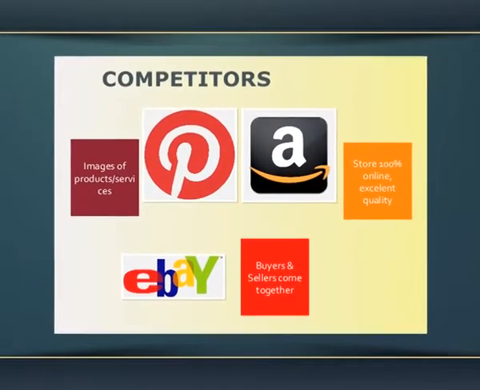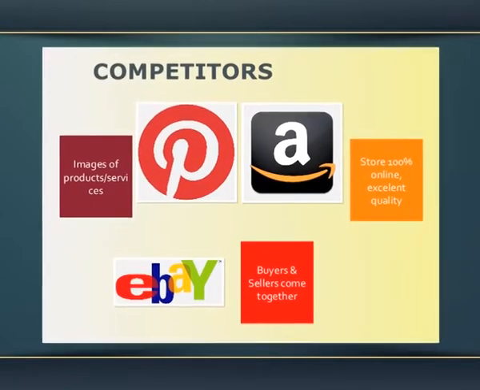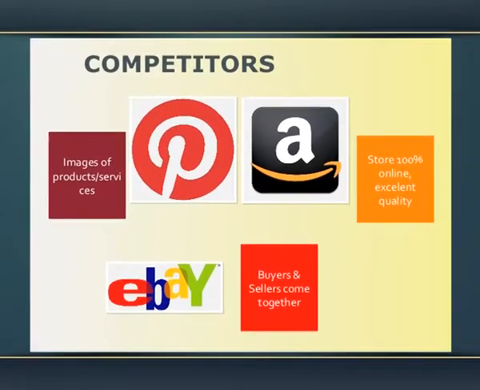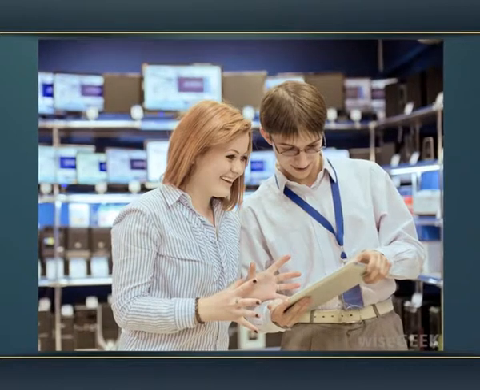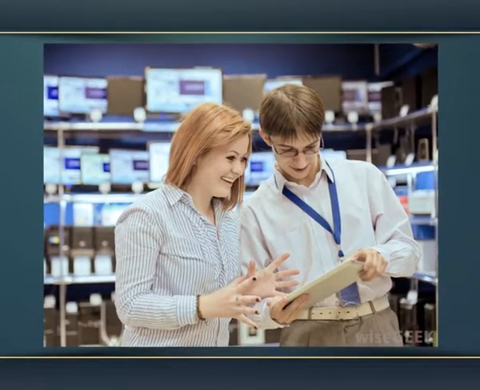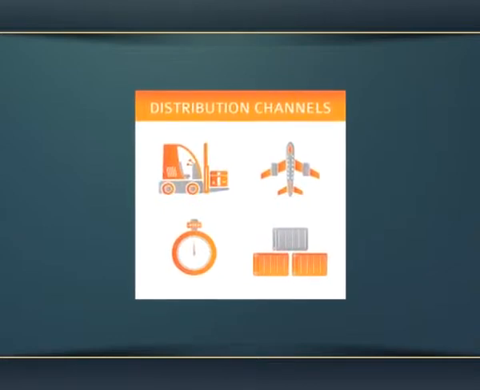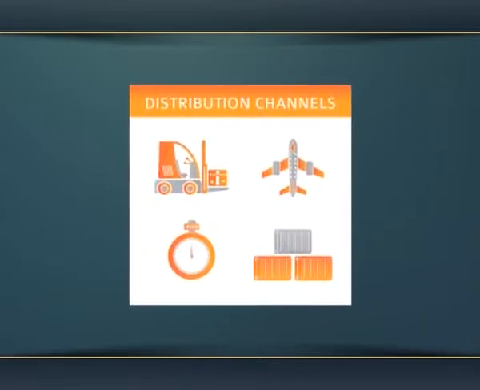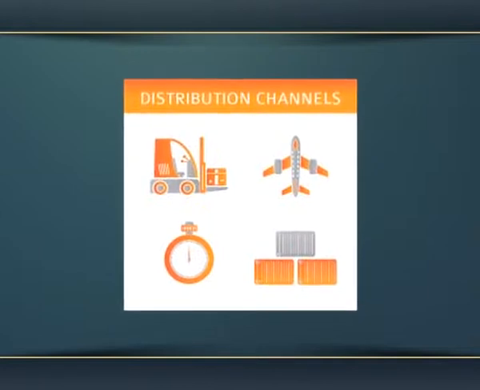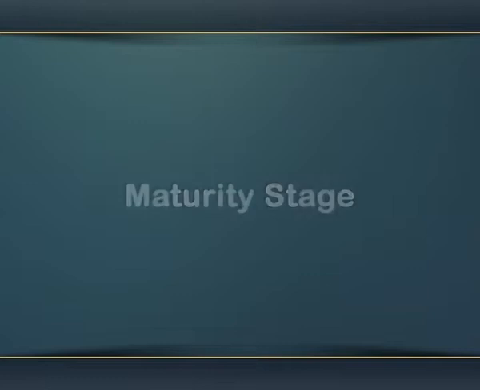New competitors enter the market after adding new features in the product. New features are introduced to meet the requirements of the customers. Channels of distribution are widened so that the product is available wherever it is required. The price is competitive and so on.